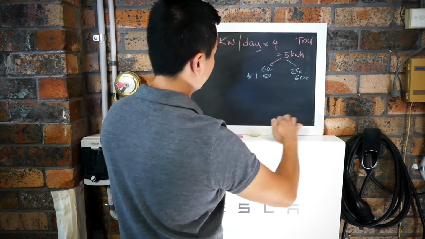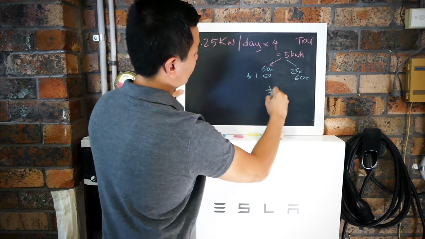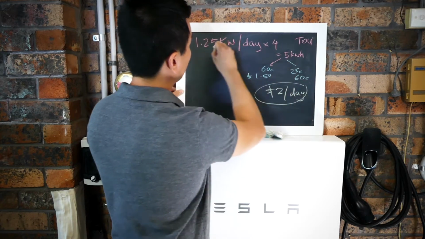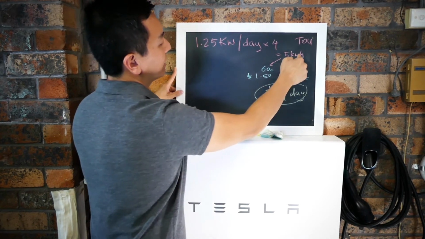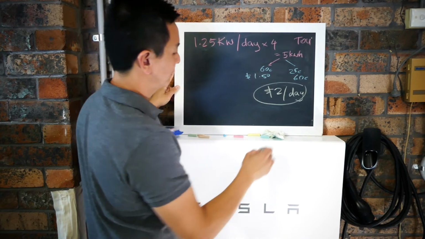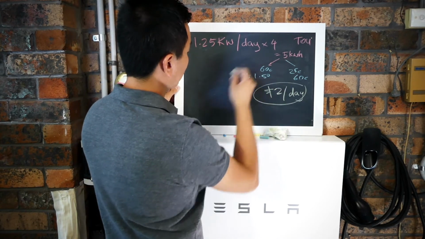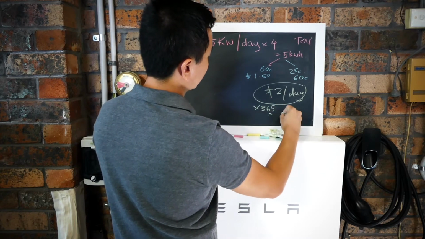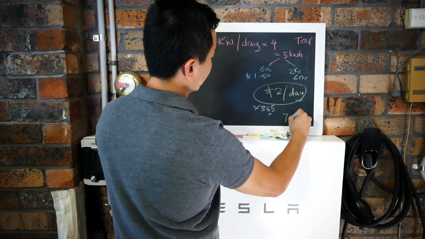And just to round off, every day you can expect to offset $2 per day if you've got a 1.25 kilowatt array generating 5 kilowatt hours per day. So $2 per day times 365, you're going to get $730 back.